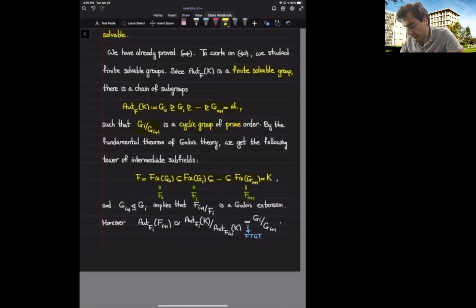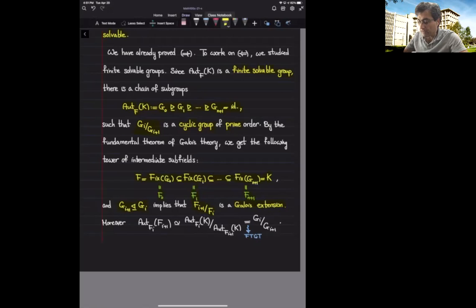What we know from the fundamental theorem of Galois theory is that because G sub i plus 1 is a normal subgroup of G sub i, the extension F sub i plus 1 over F sub i is a Galois extension.